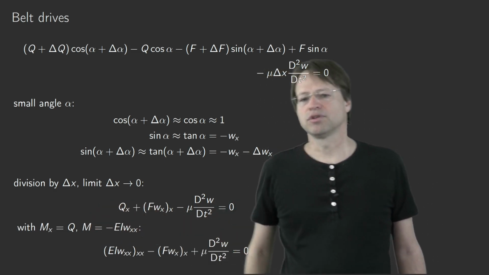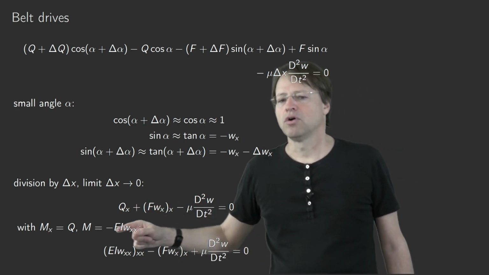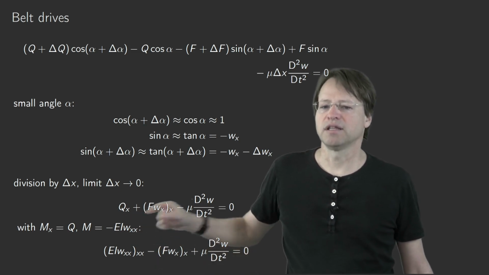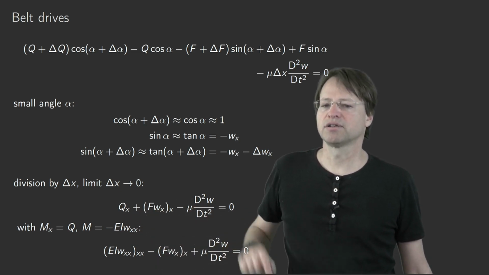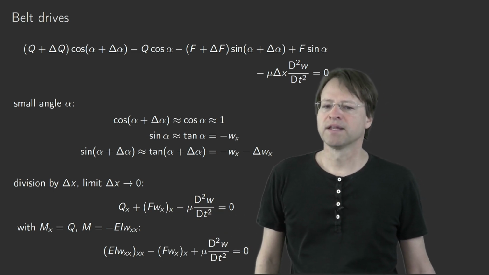M_x is equal to q, and for m we have the equation of the bending line, so minus E times I, the bending stiffness, and the second derivative of w with respect to x, with respect to space.